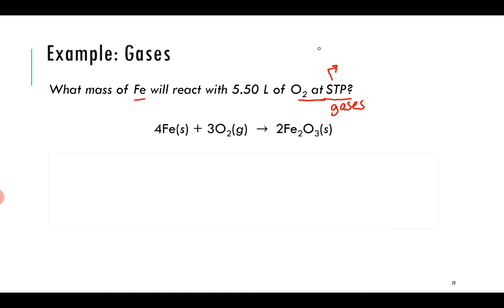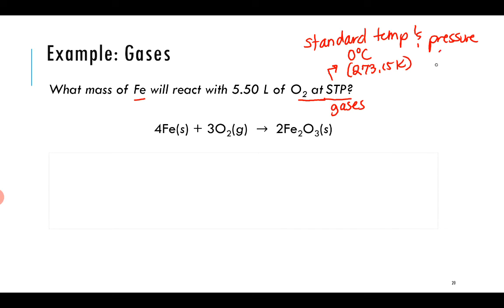STP is standard temperature and pressure. The standard temperature is 0 degrees Celsius, which is 273.15 Kelvin, and my pressure is 1 atmosphere.